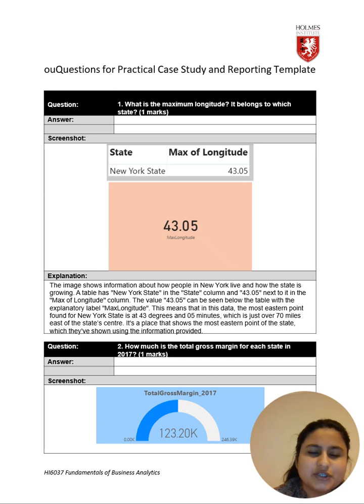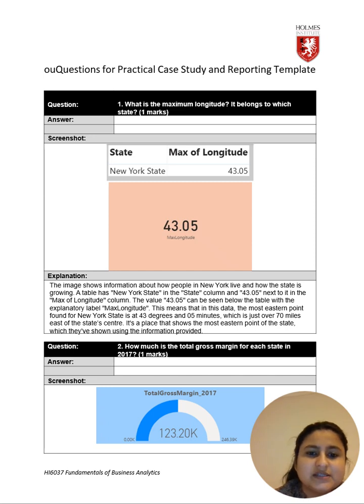My explanation for this is the image shows information about how people in New York live and how the state is growing. A table has New York State in the state column and 43.05 next to it in the max of longitude column. The value 43.05 can be seen below the table with the explanatory label max longitude.